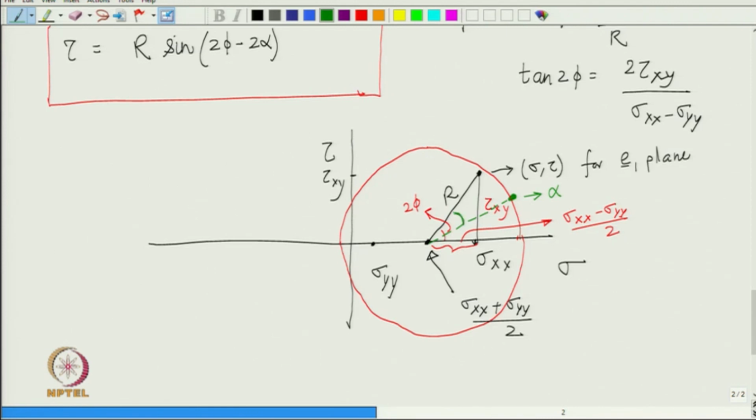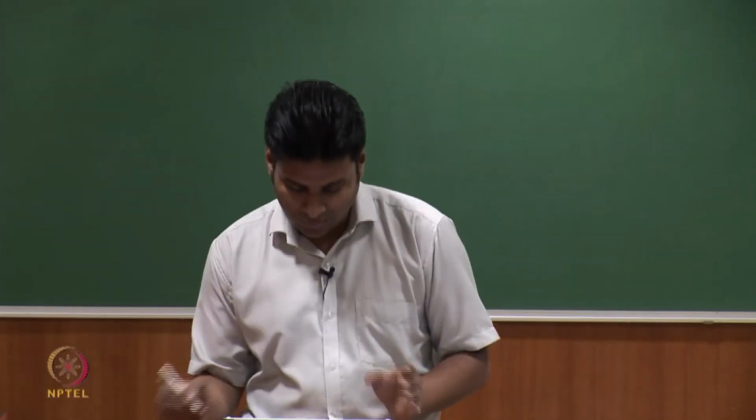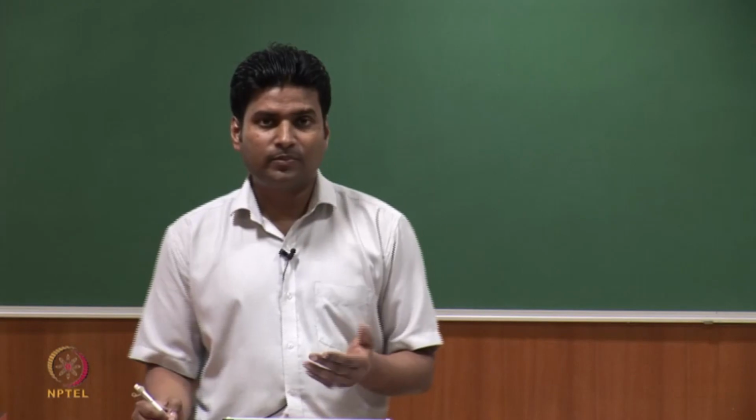And this angle is your 2 alpha. So, the angle between the radial line and the x axis, the sigma axis, is 2 phi minus 2 alpha, is not it?